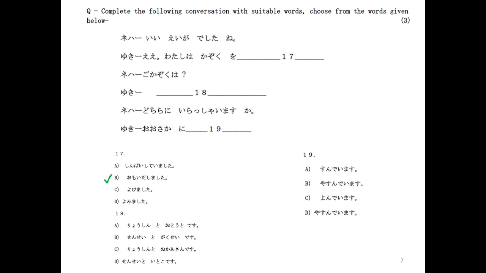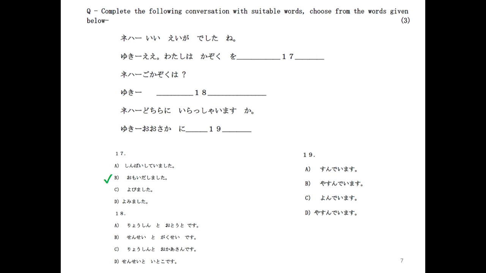Let us continue. Neha says, ご家族は... So basically she's asking about the family. She's inquiring about the family. Yuki says, dash. So what is going to come here? Neha is inquiring about Yuki's family. The correct answer is Ryoshin to Ototo desu, which is option A. B is ruled out because teacher and student are not a part of the family.